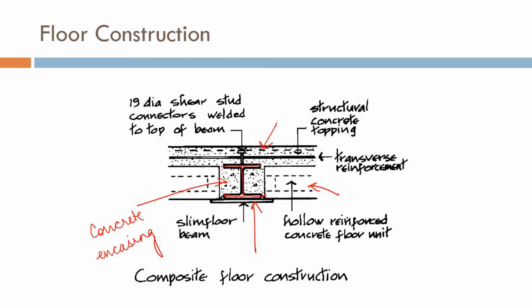So this is structural. It can be reinforced, it may or may not be reinforced as per the need. So this kind of floor is a composite floor construction in which a structural steel member and reinforced concrete both are used.